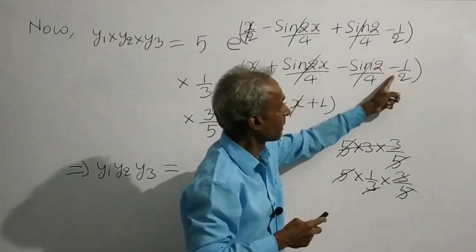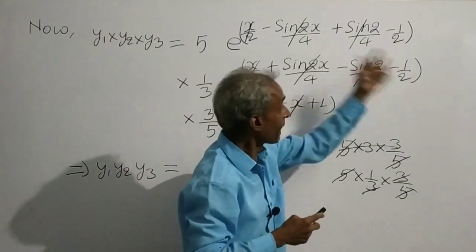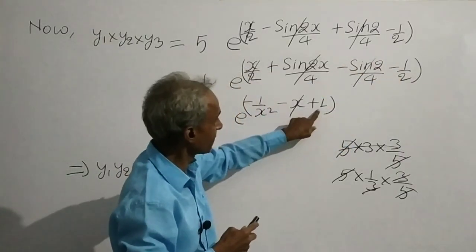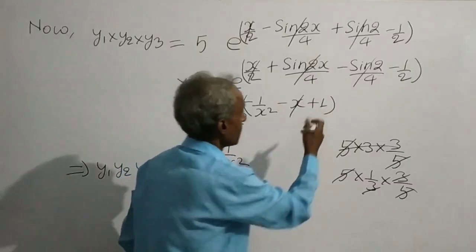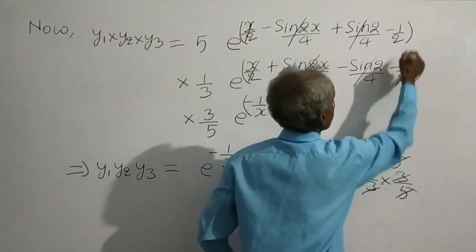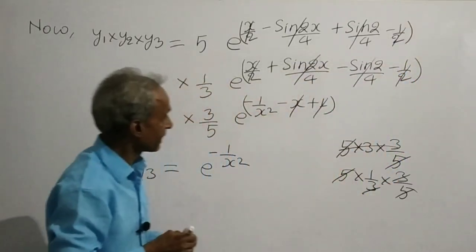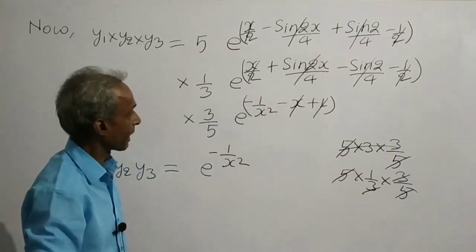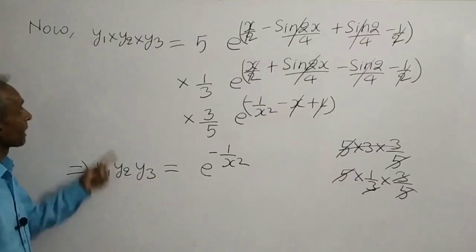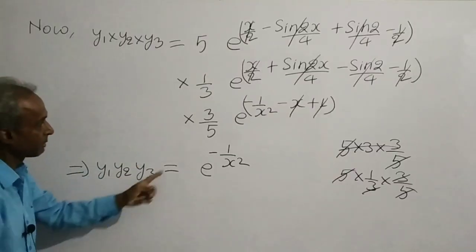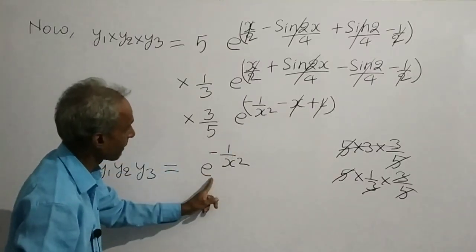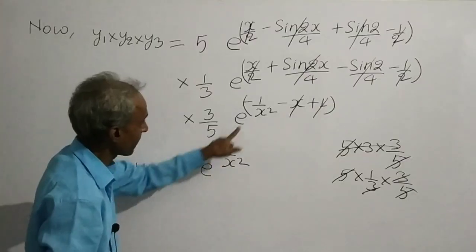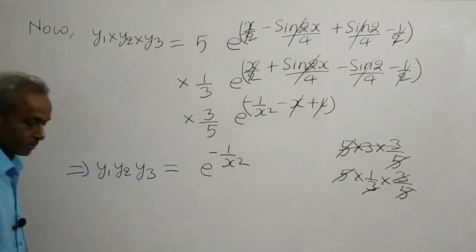Minus 1 by 2 minus 1 by 2 minus 1 and this plus 1 will be cancelled out. Then there will be left only this minus 1 by x square. Therefore y1, y2, y3 will be equal to e to the power minus 1 by x square.